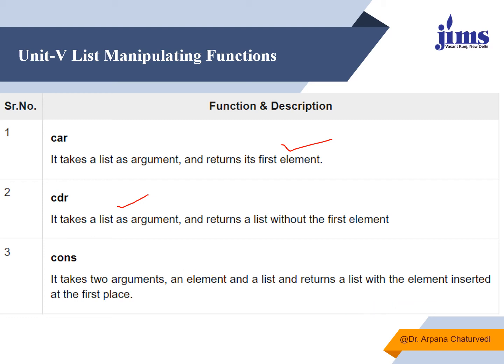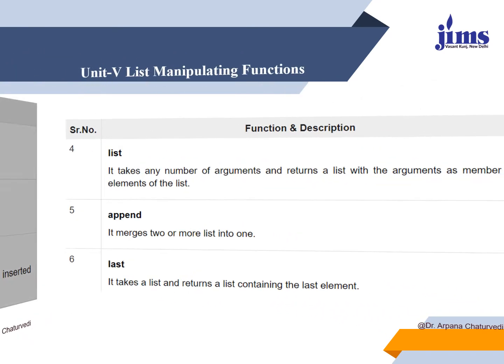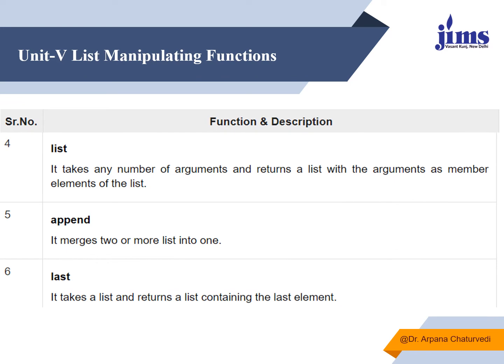So we have seen a few examples of car, CDR and cons, as well as the example of list, in which we can have any number of arguments. It returns a list with those arguments as members of that list. Append merges two or more lists. Last takes the list and returns the list containing the last element.